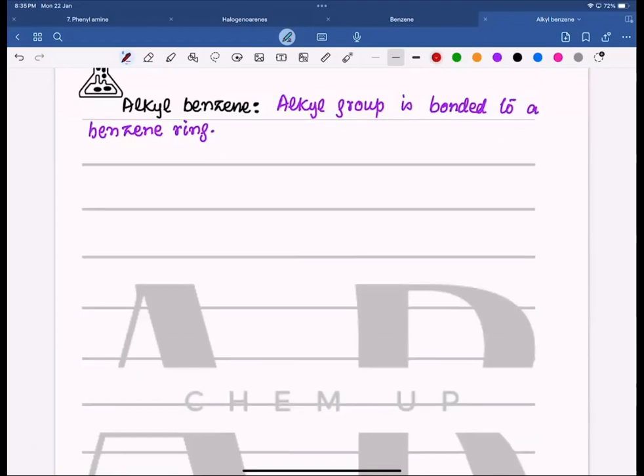So in general, a benzene ring bonded to an R chain, or C6H5R, is an alkyl benzene.